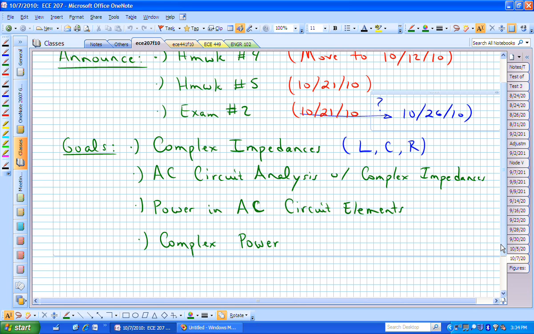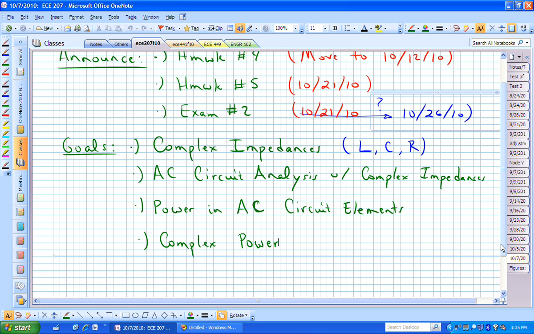We'll then move into power in AC circuit elements, and then we'll talk about complex power. That does not mean complicated, that means complex. We'll have power that's real, we'll have reactive power, which is really the complex component of power, and we'll have the combination of those two, and we'll just call that generic item complex power.